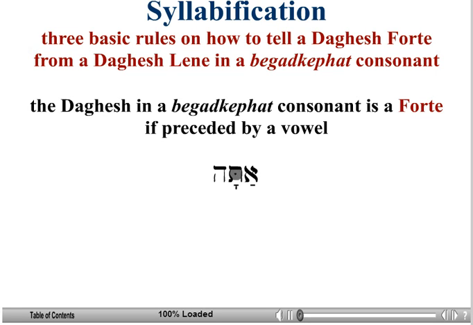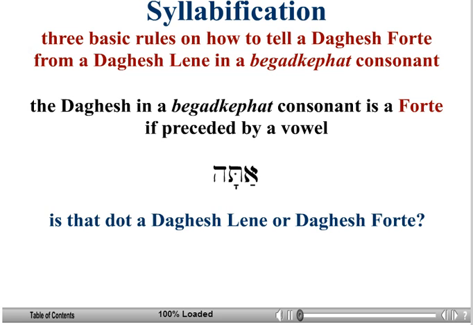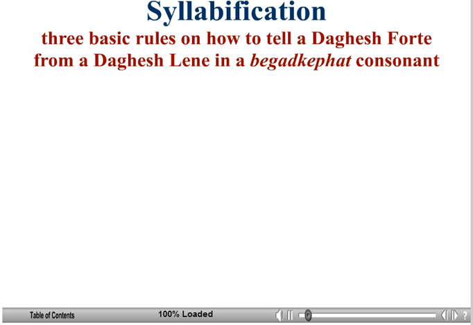It has a dot in it. Is that dot Dagesh Lene or is it Dagesh Forte? You will observe that the tau is preceded by the vowel patha. That means that according to this rule, the dot in the tau is a Dagesh Forte. The second rule.